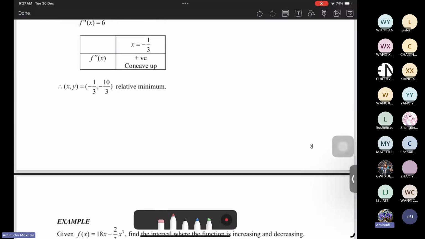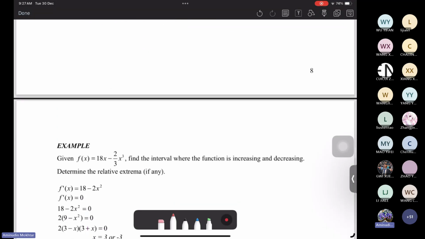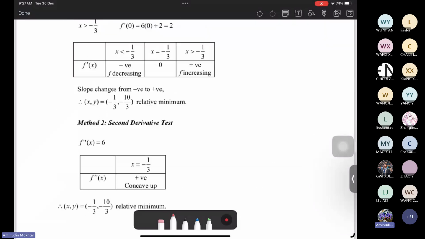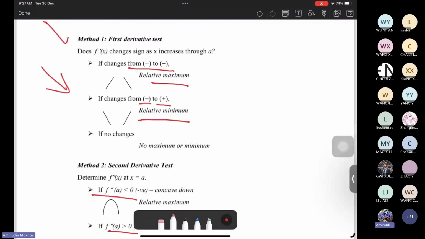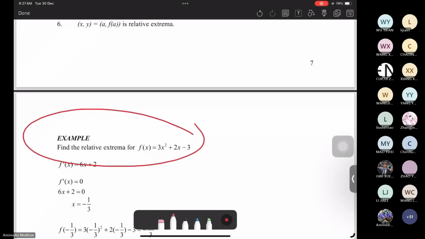Okay, since it is almost 9:30, I think we take a break for 20 minutes. Before we take a break, do you have any question? After the break, I will explain this example. Any question before we take a break?